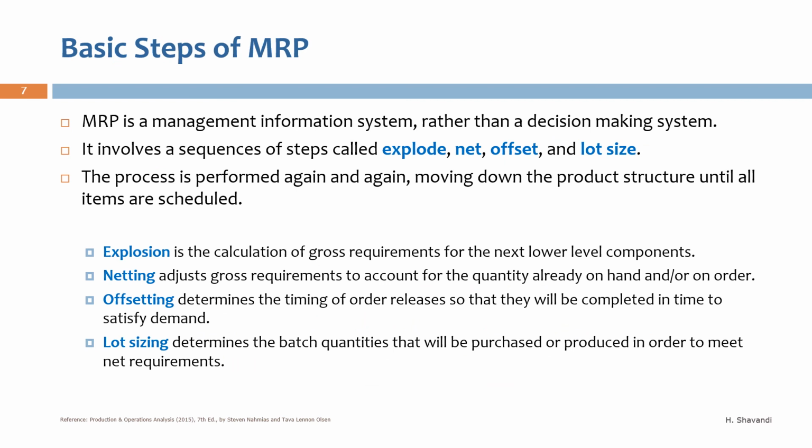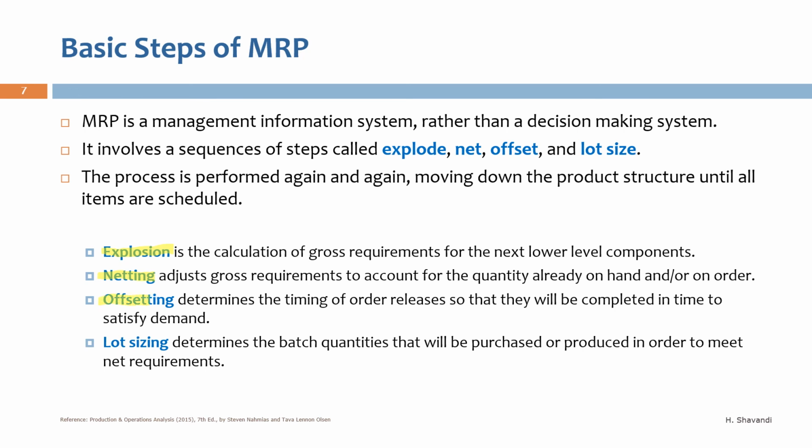As you saw, the MRP has 4 steps. The explosion means doing the calculation of the quantities that we need for each item by considering the number of each item that we need to produce one parent item. In netting, we consider the inventory on hand and scheduled receipts or arrivals in order to calculate the net requirements.